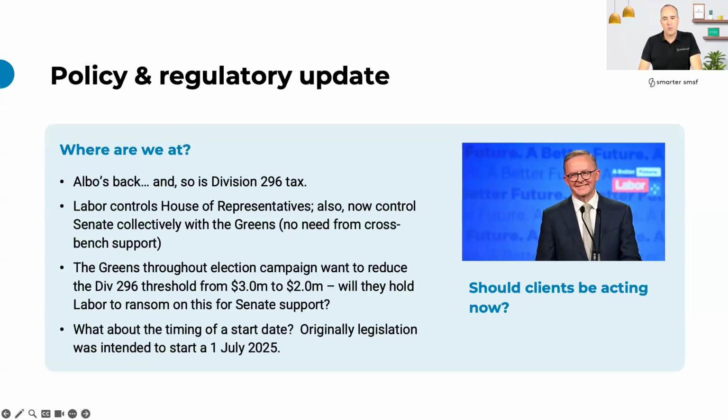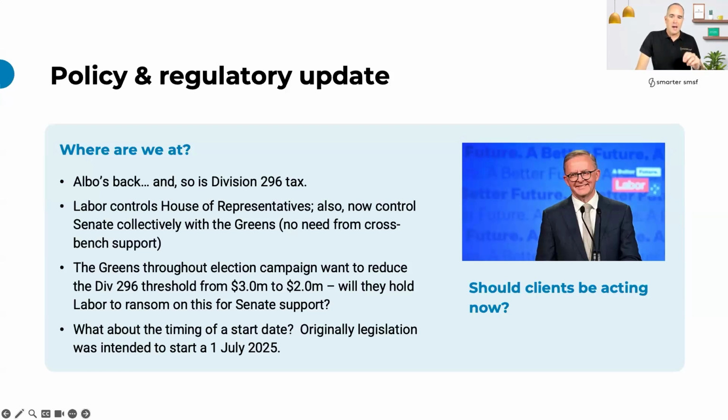But then, will we see any targeted push by the Greens to reduce that amount from 3 million to 2 million? I personally think Labor will push back on that, but would it then form some other type of negotiation, because the Greens already got that previous bit of legislation through around superannuation on paid parental leave, as I spoke about earlier.